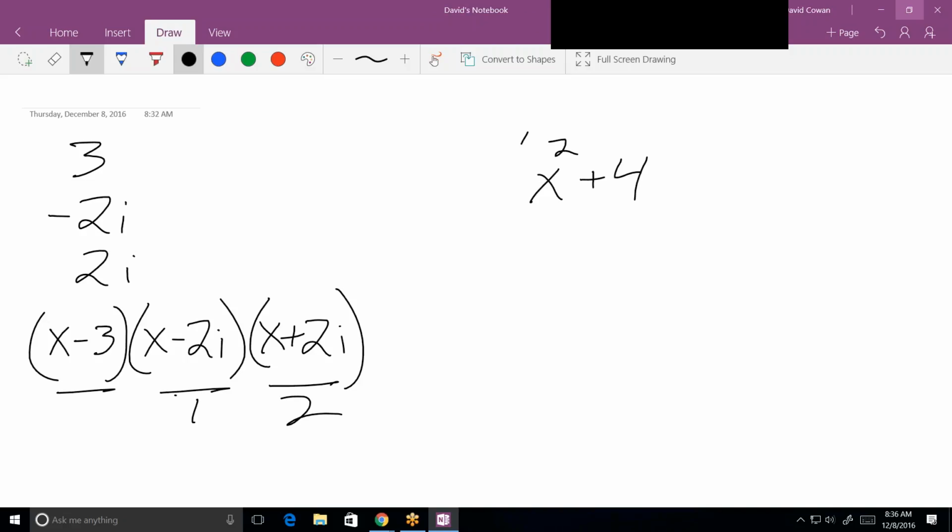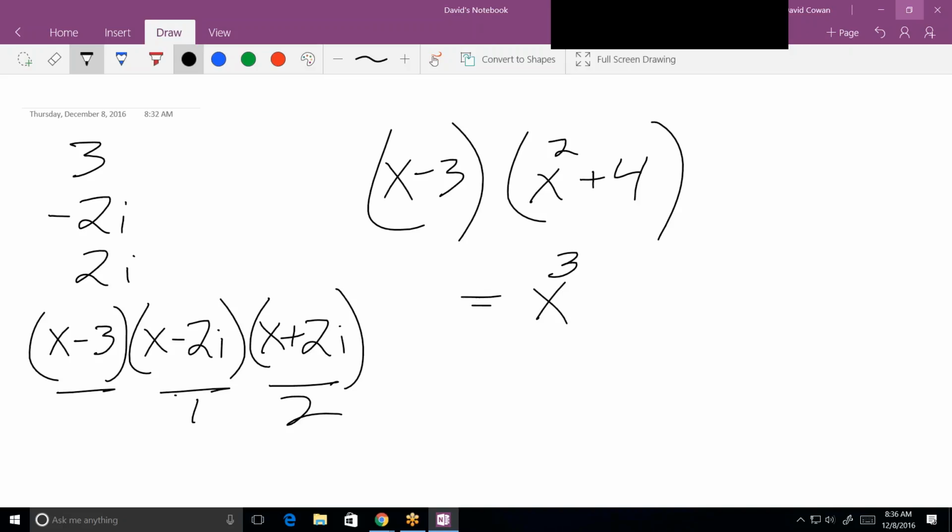And now I have to multiply that by x minus 3. That's simple foiling. You get x cubed plus 4x minus 3x squared minus 12. Put it in proper order.